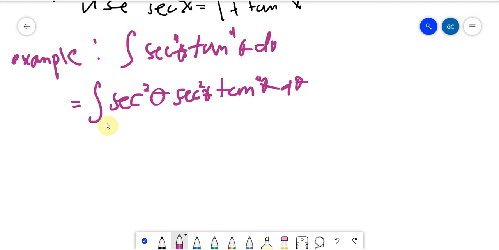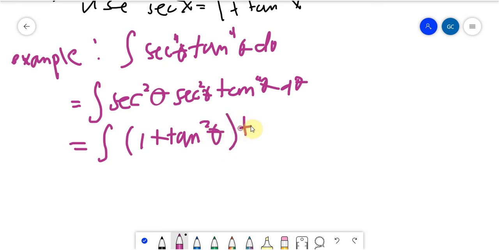So we will use secant squared x is equal to 1 plus tangent squared x. So that means we have the integral of 1 plus tangent squared theta times tangent to the 4th theta secant squared theta d theta.